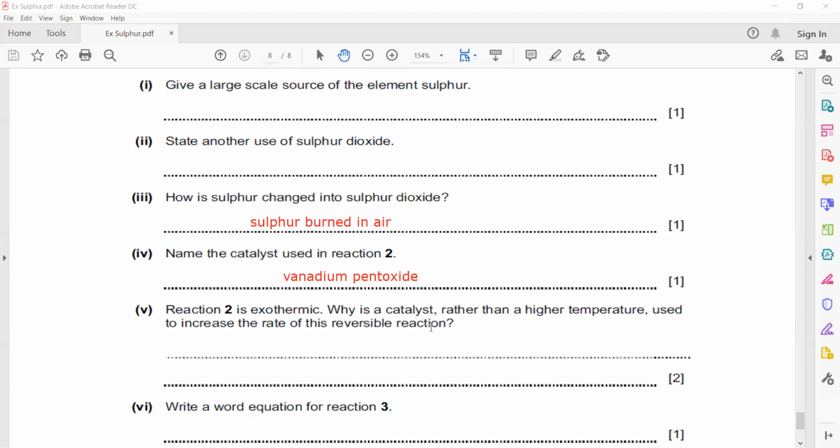Reaction 2 is exothermic. Why is a catalyst rather than higher temperature used? Because the reaction is exothermic, an increase in temperature will shift the equilibrium towards the left hand side.